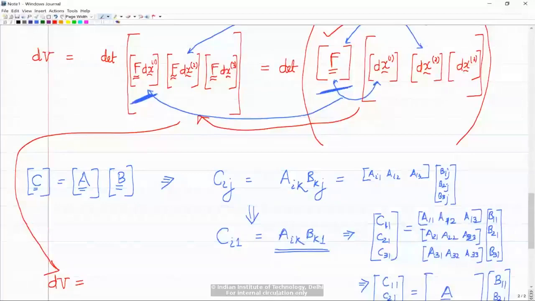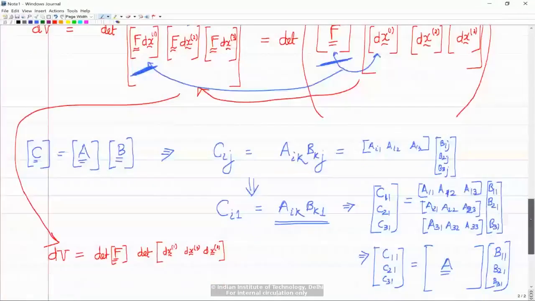That's the determinant rule. So it's the same as the determinant of F multiplied with the determinant of the other one, dx1, dx2, and dx3, isn't it?